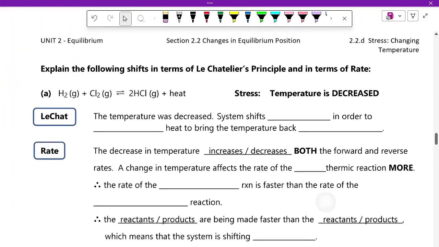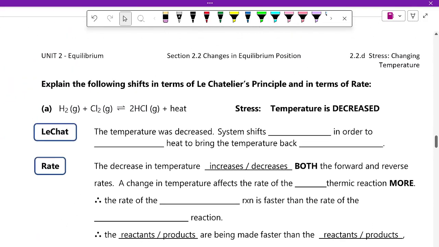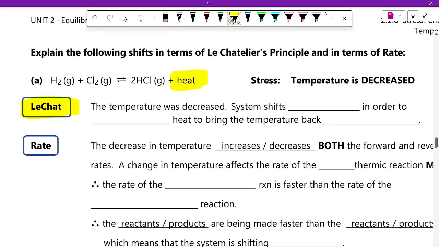Okay. How to explain in terms of Le Chatelier and in terms of rate. So Le Chatelier: the temperature was decreased. In this case, therefore, the system is going to shift towards the heat term.